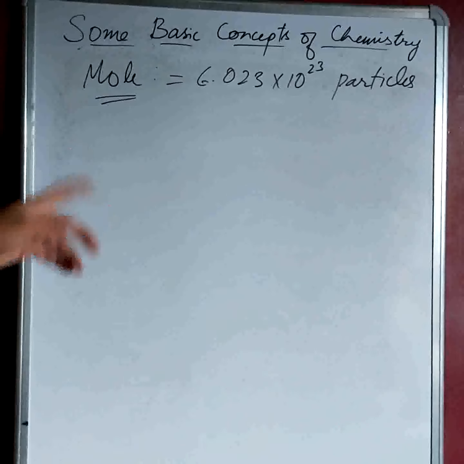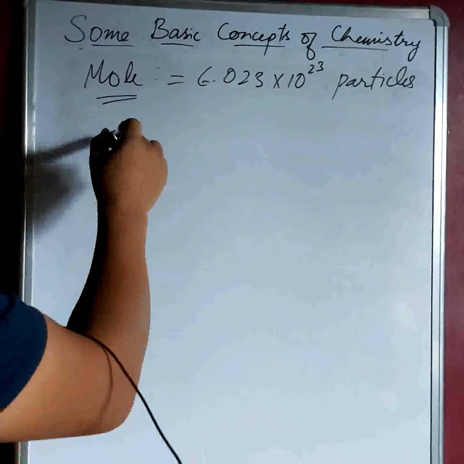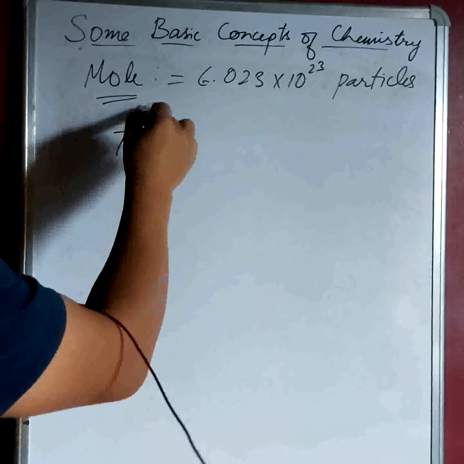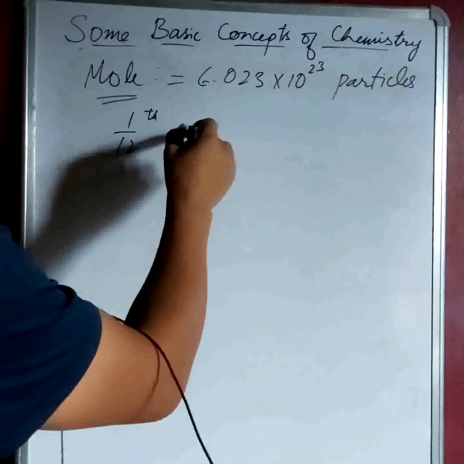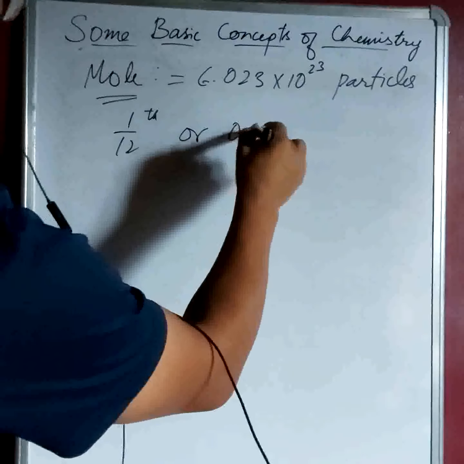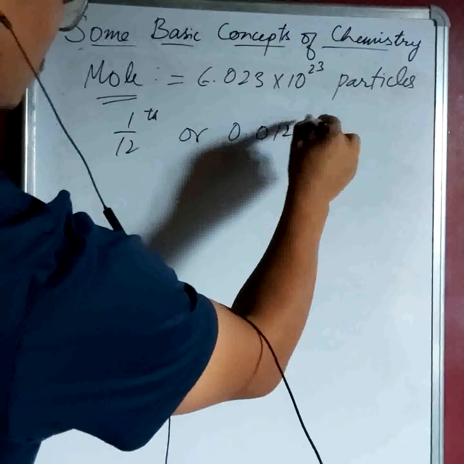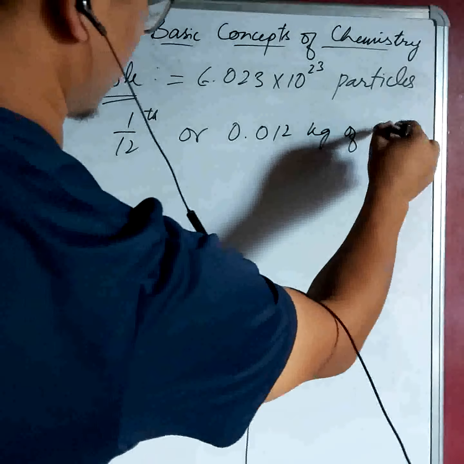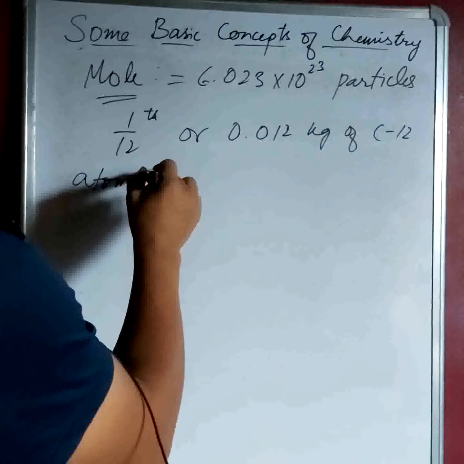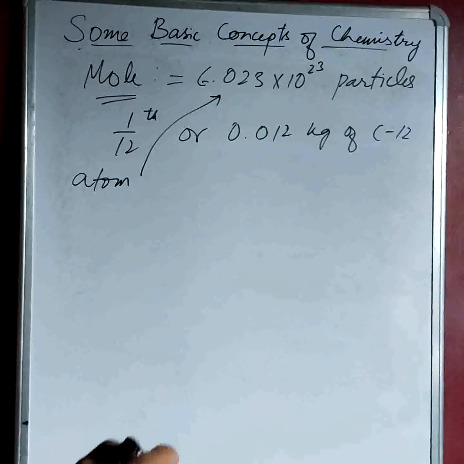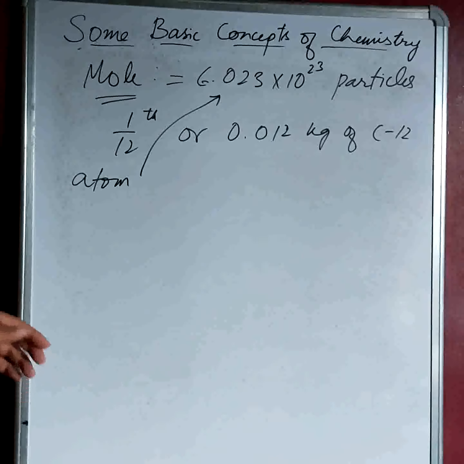Now, in 1 by 12th mass of C12 atom, or 0.012 kg of C12 atom, we have this much number of particles.